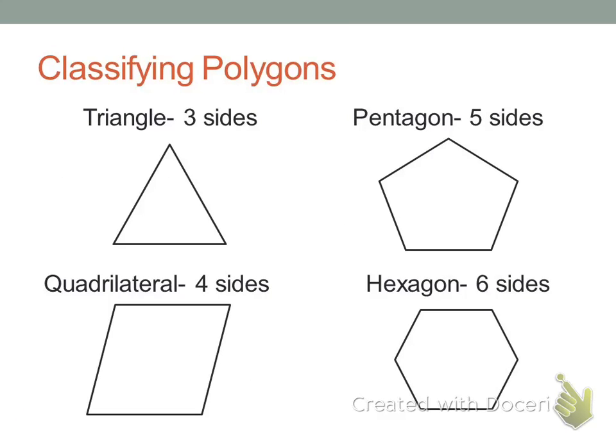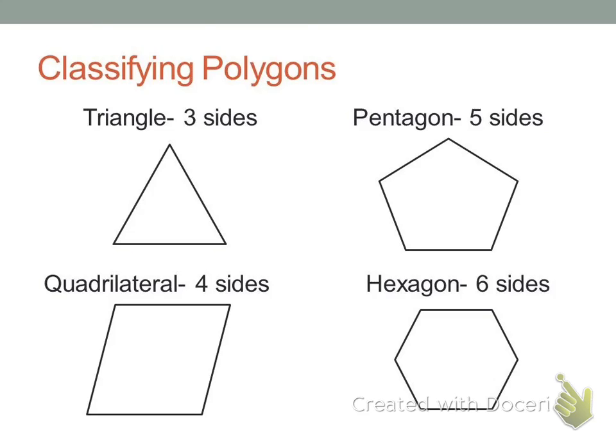All right, so now example 2. Quiet please. In example 2, we're classifying polygons. Now, this is not the only shape that one of these polygons can be. These are more or less the regular polygons, what you would see as a regular pentagon and hexagon. But remember, any type of closed figure that has line segments, you count the sides, and that's the type of figure it is.